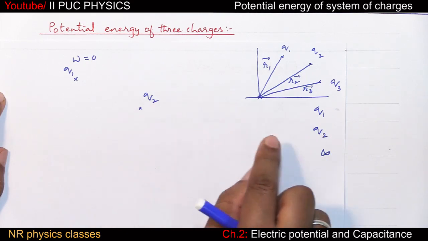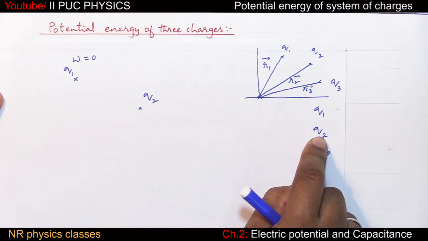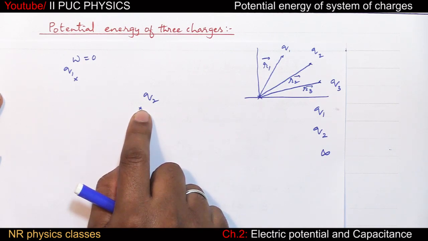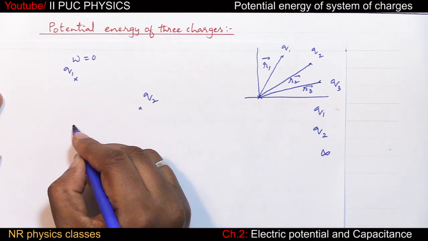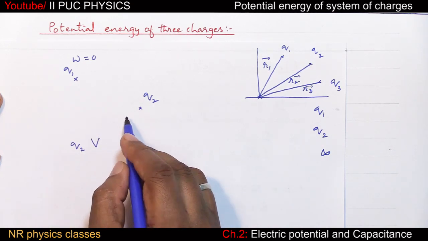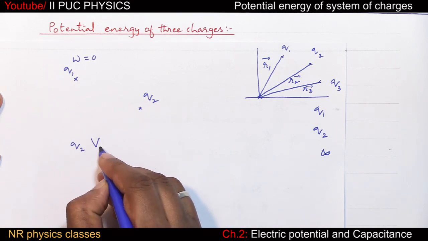So work done in bringing Q2 from infinity to this point is Q2 into potential at this point due to Q1.